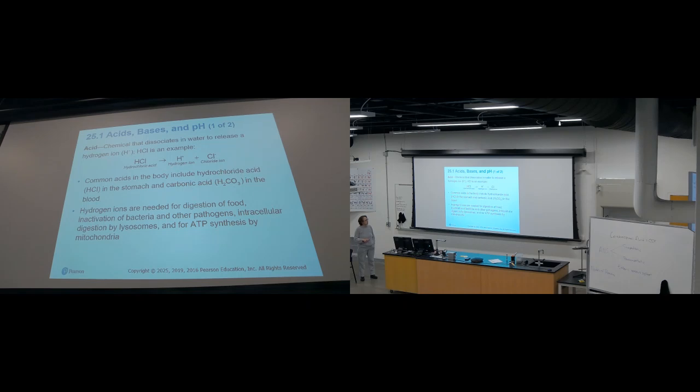Some of these hydrogen ions can combine with other molecules in our body, like bicarbonate, forming carbonic acid. And hydrogen ions are needed for digesting proteins and inactivating bacteria. So we have a strong acid in our stomach to help with that.